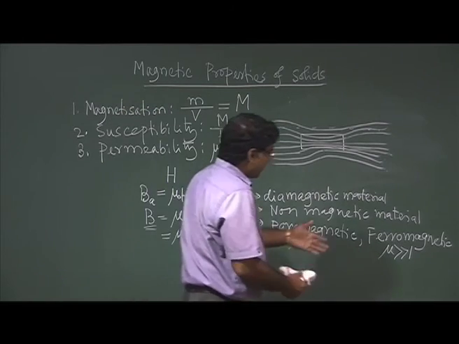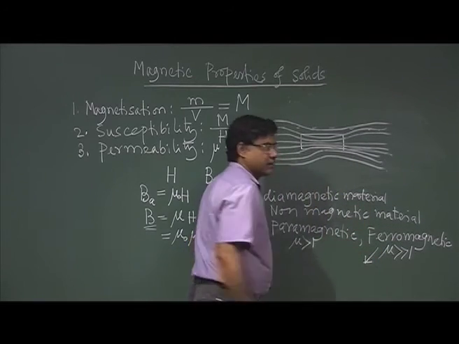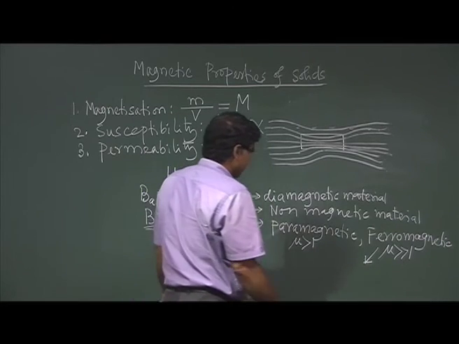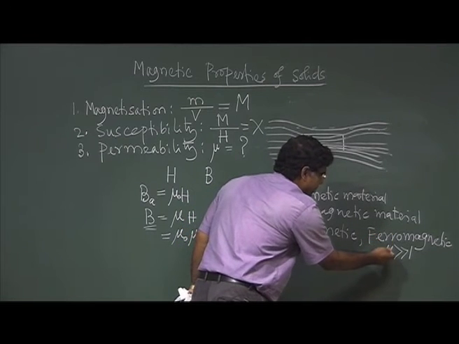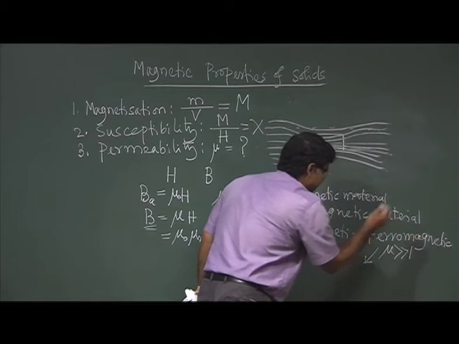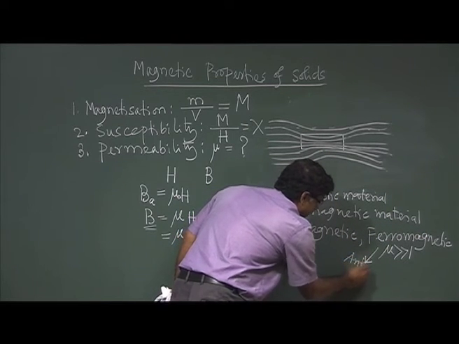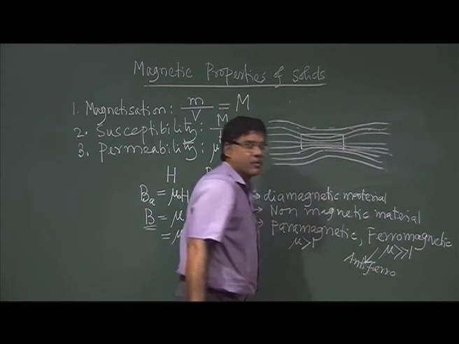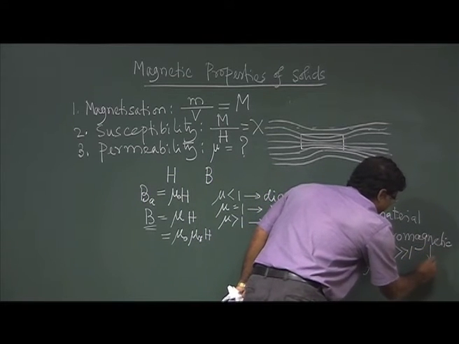And now, in ferromagnetic there are other types of magnetic material. That is when mu is very much greater than 1. So, it can be ferromagnetic, or it can be antiferromagnetic, or it can be ferrimagnetic.